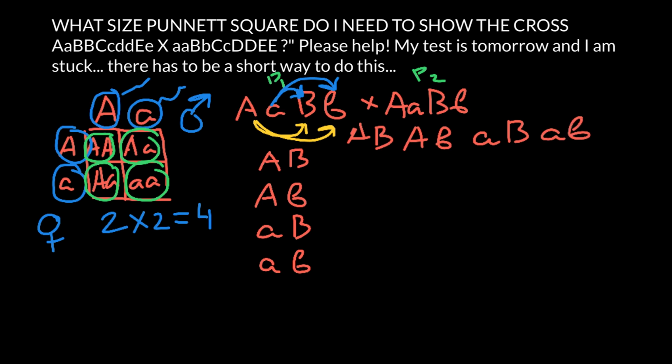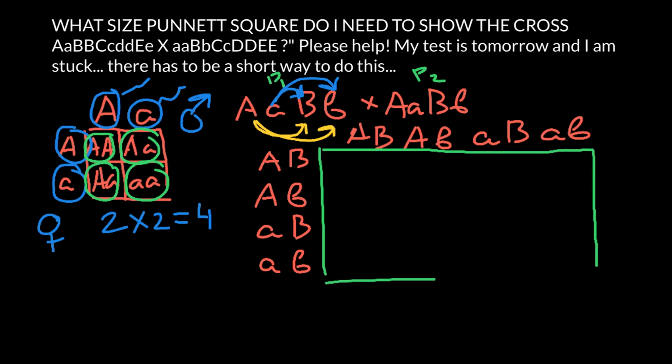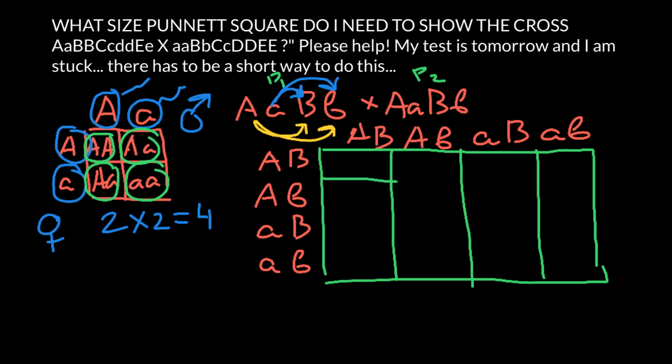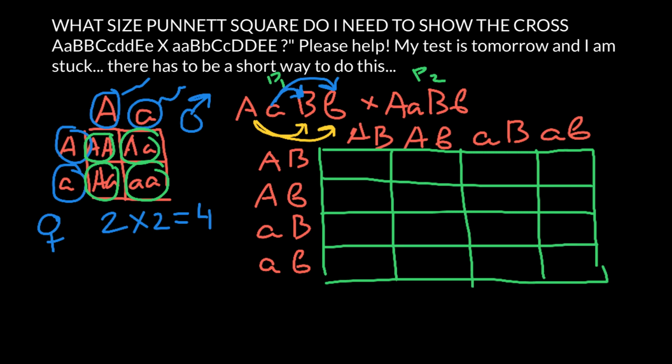So with two genes, now we can also make a Punnett square. I'm not going to fill it because it's going to be time consuming. I just want to show you a pattern. We are going to have a Punnett square that is 4 by 4, and we are going to have 16 cells here.